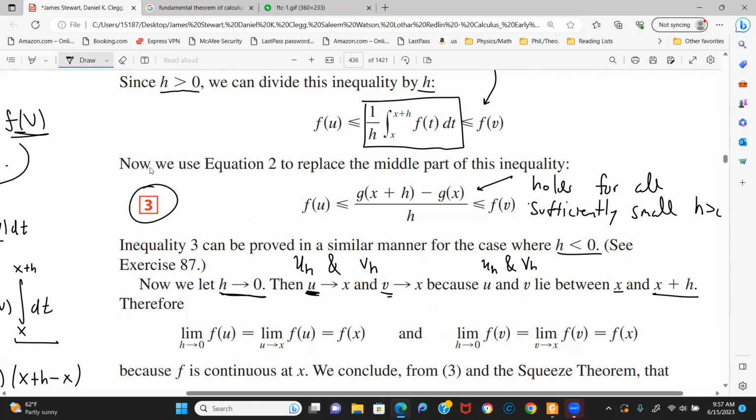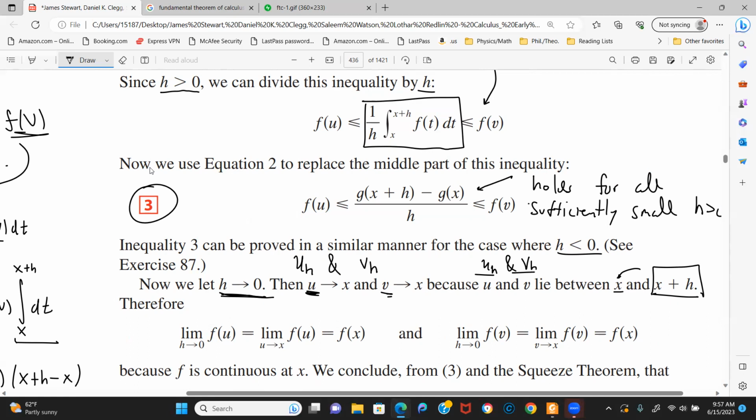And when you let h go to 0, this number right here gets closer and closer to x, but these two numbers have to be between them. So in other words, they're getting trapped. It's like h is shrinking. It's getting smaller and smaller. It's going to eventually go to zero. And that's like trapping. It's basically the squeeze theorem in a sense.